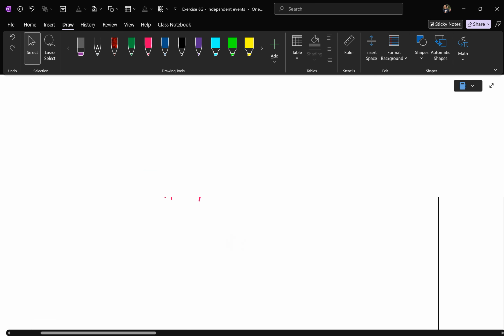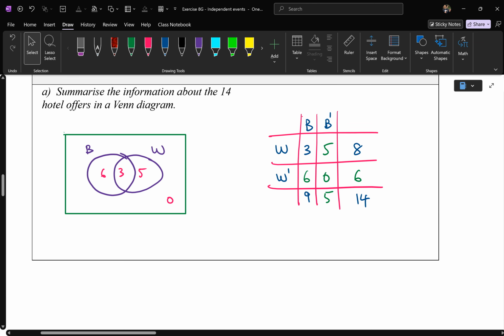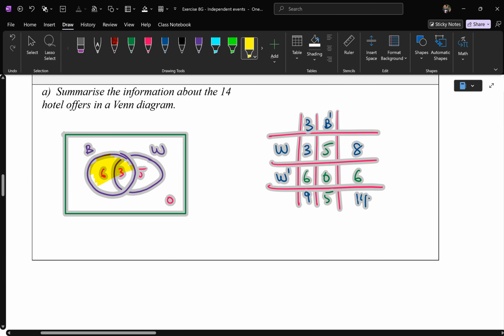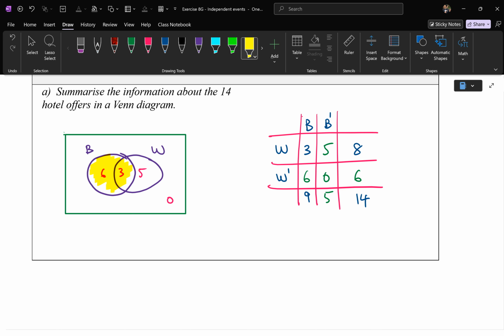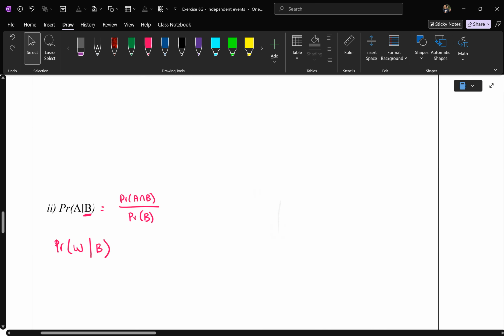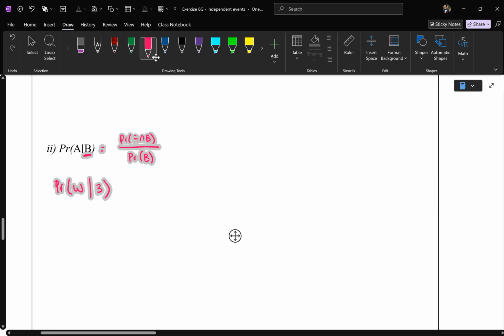So if you look at the diagram, if you already know they're going to give free breakfast, it's one of those 9 hotels. So out of those 9 hotels, what's the chances of picking one where you're going to have free Wi-Fi as well? So it's 3 out of the 9.